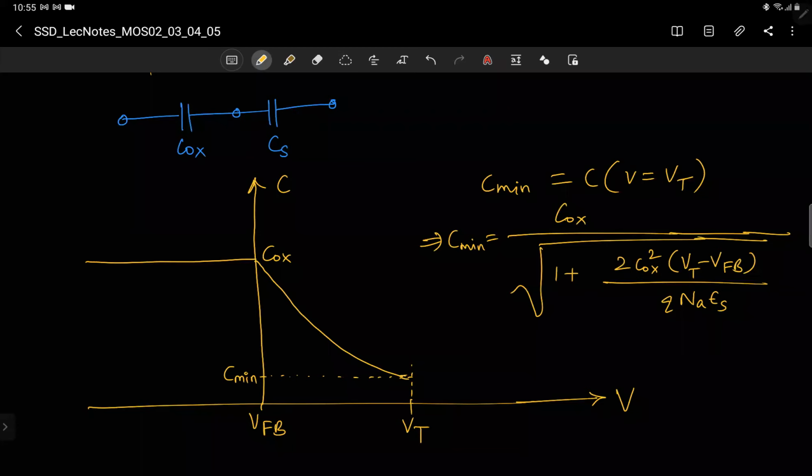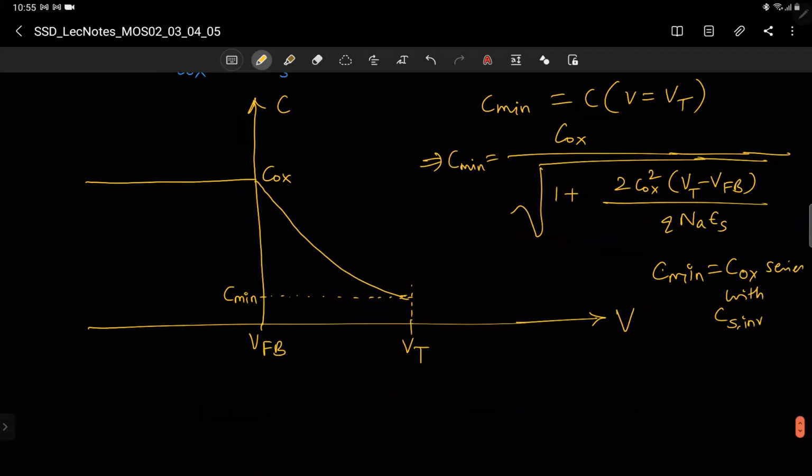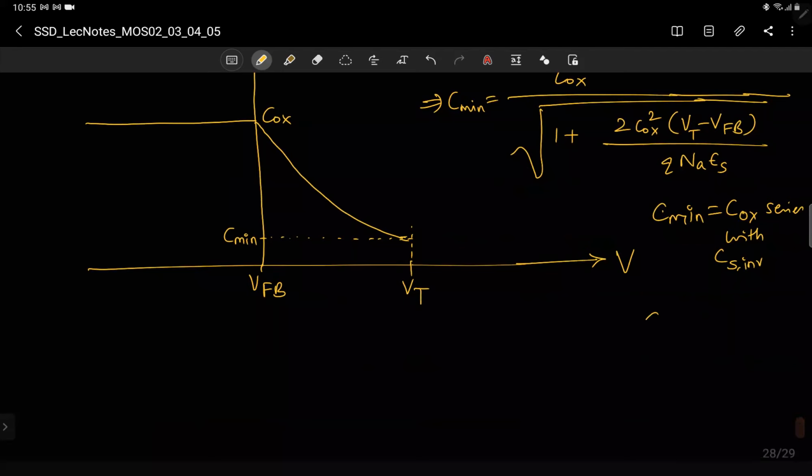You know what VT and VFB are, you put all those formulas in and you get C min. So this is C min. And you can clearly see that C min is nothing but COX in series with CS at inversion. What is the meaning of CS at inversion? CS inversion will be equal to epsilon S by XD inversion. So whatever the depletion width XD at inversion is, you put it in and you get CS inversion.